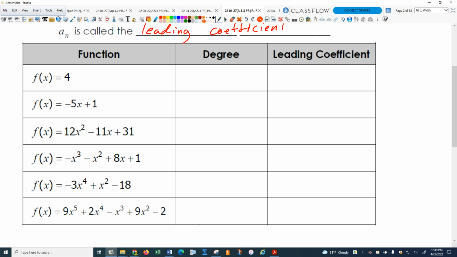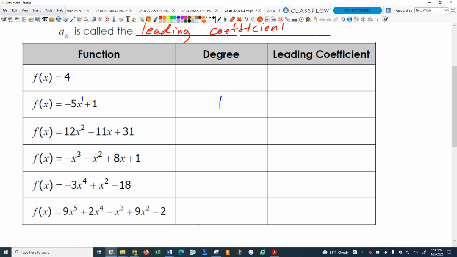What did we say the degree of that function was? Let's start with this one, which might be easier. What's the degree of that function? 1, right? Because it's the biggest power of x. There's an invisible 1 there, and so the degree is 1.